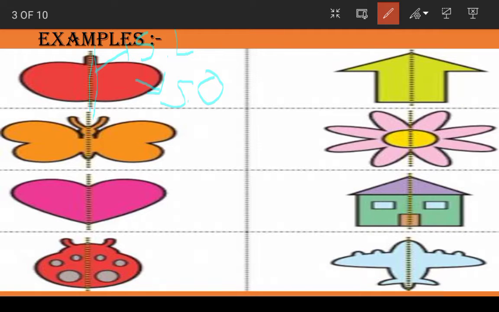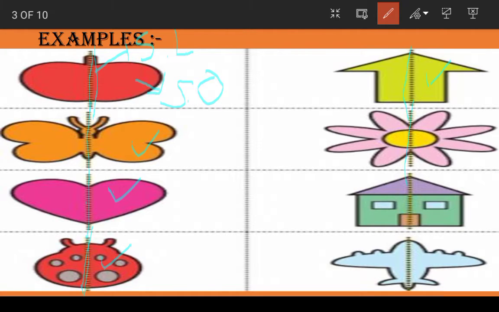Okay, here what is this? This is the line of symmetry and this is the object. Here also the heart, it is the symmetry line, and here the object. Here also in the ladybug, this is the line of symmetry and this is the object. If the ladybug is not there, we can't draw the line of symmetry over it. Here also is the arrow, here is the line of symmetry.